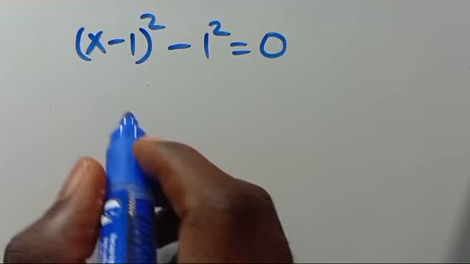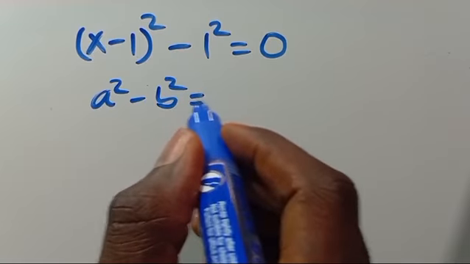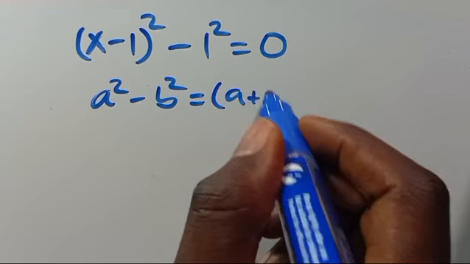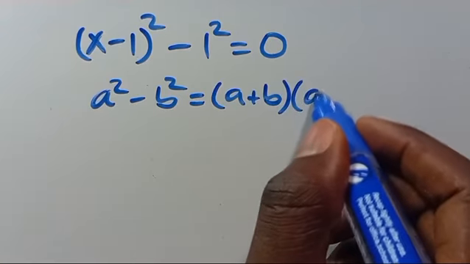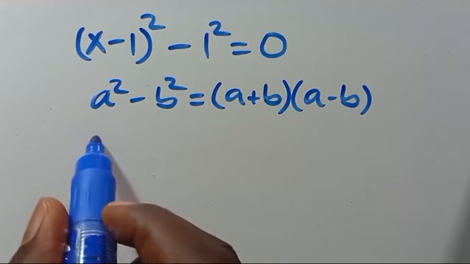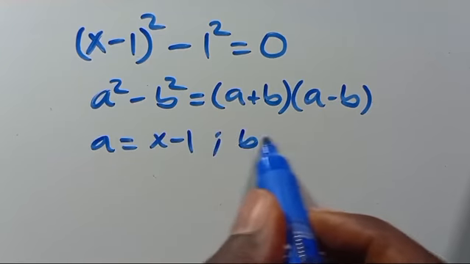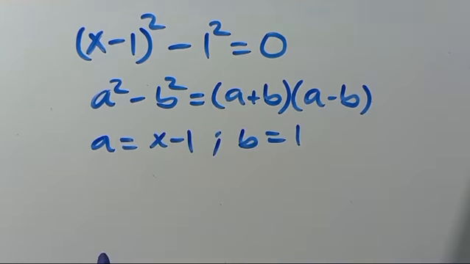So we have a^2 - b^2 = (a + b)(a - b). So from here we have a = x - 1 and b = 1.